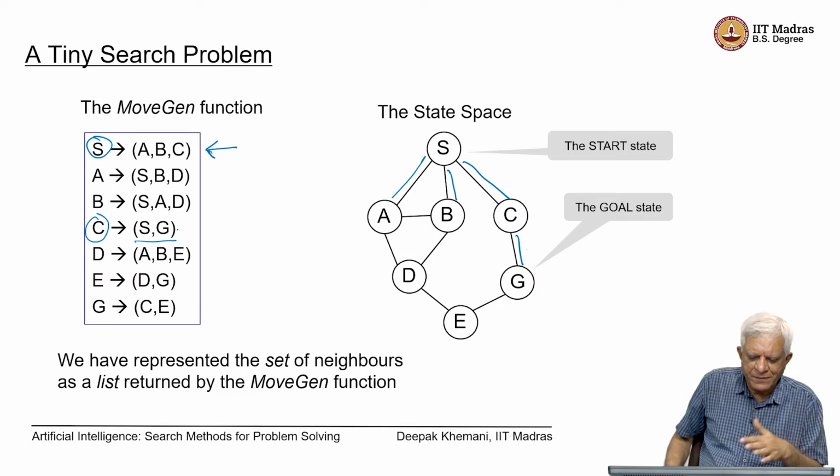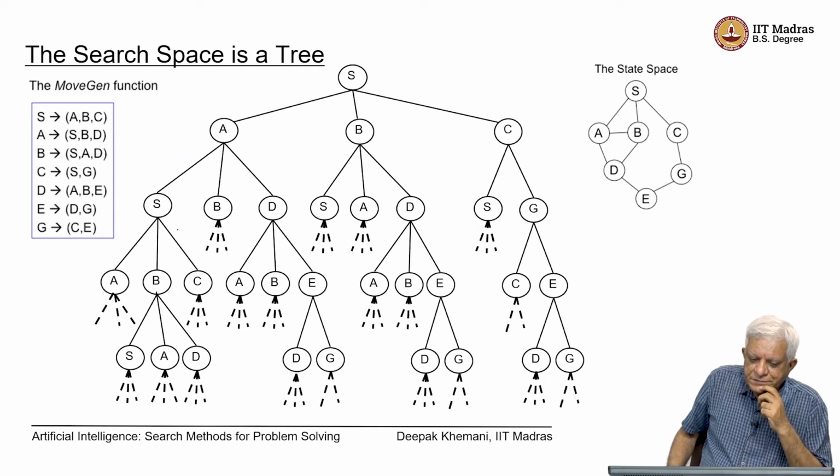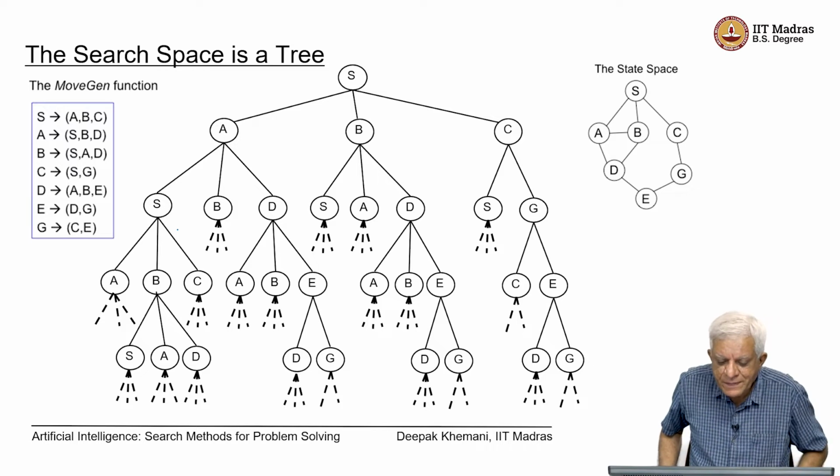So, the move gen function implicitly represents the graph that we want to traverse, and this is the problem that we want to solve. Now, we must distinguish between the state space and the search space or the search tree. In our case, the search space is going to be a tree. What do we mean by that?